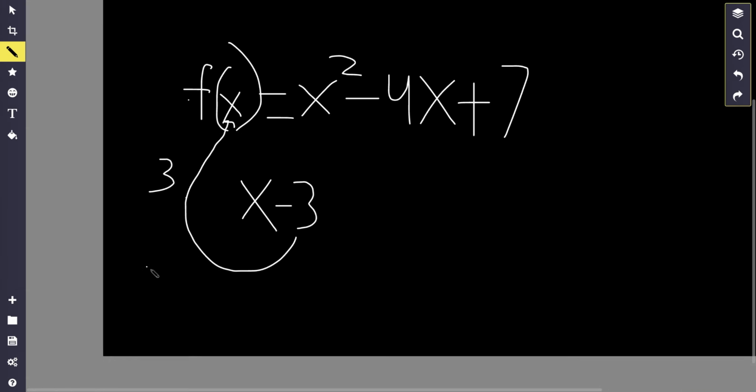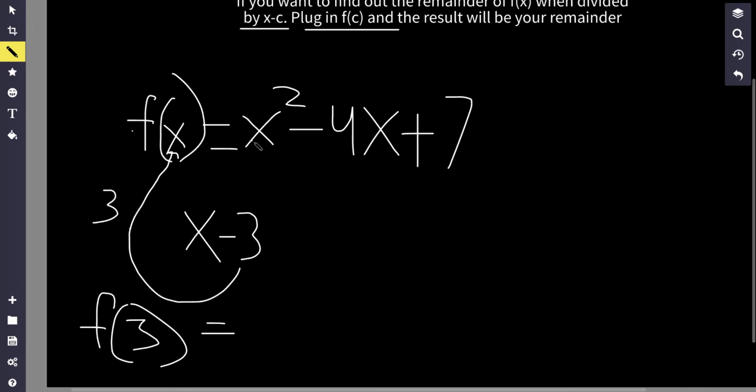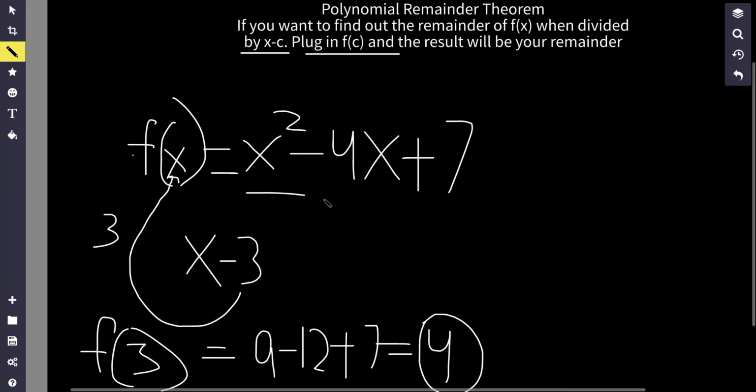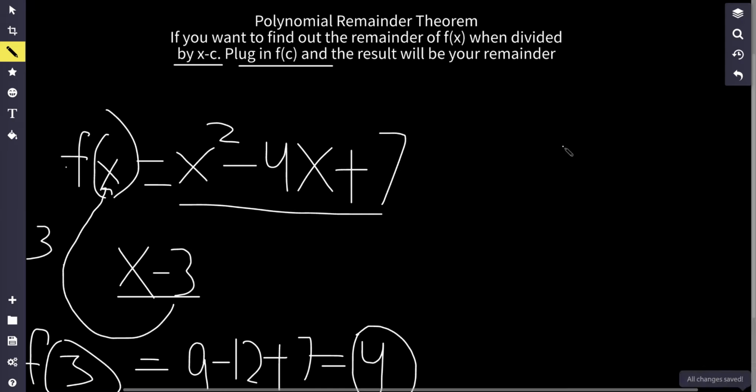So I'm going to find out what f of 3 is equal to. f of 3 is 3 squared, which is 9, minus 4 times 3, which is 12, plus 7. And this is going to simplify out to 4. And this 4 tells me that if I divide this polynomial by x minus 3, I'm going to get a remainder of 4. That's all it's telling us.